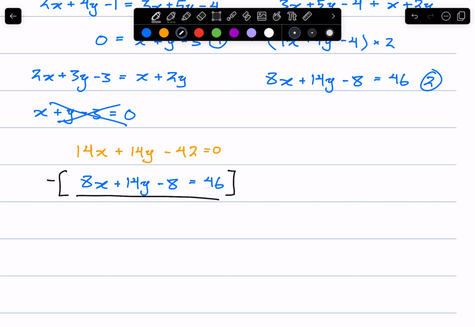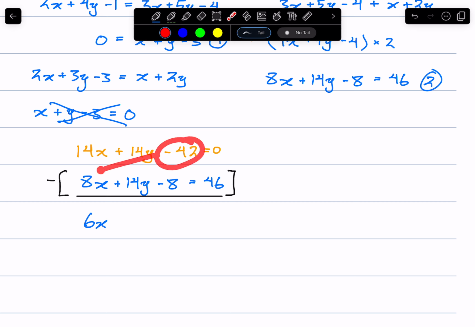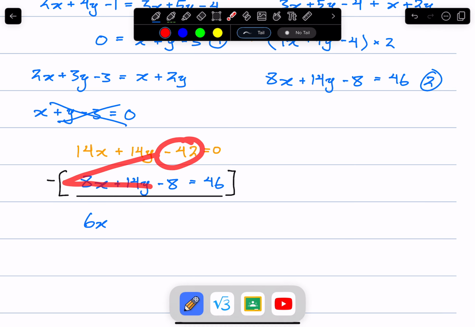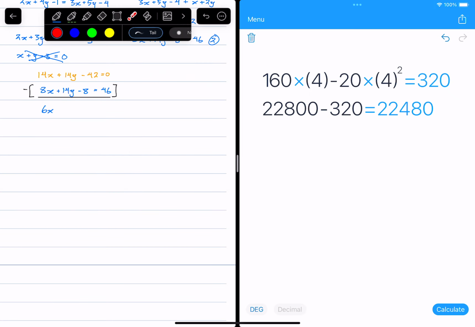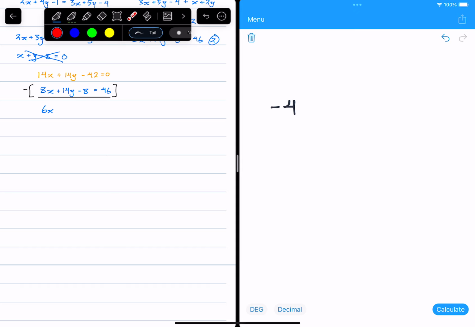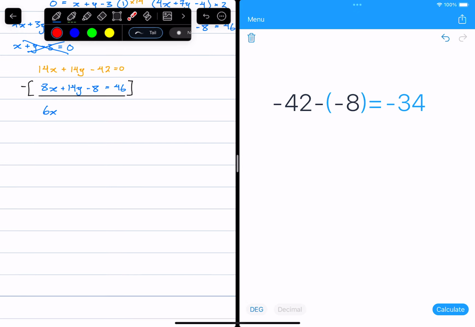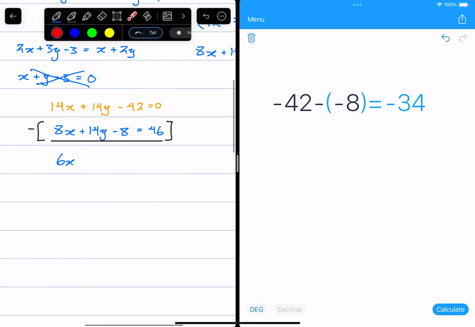Okay, so then from here we have 14 minus 8 is 6. 14 take away 14 is 0. Negative 42 minus 8, we get negative 34.